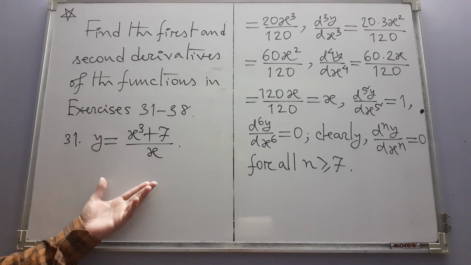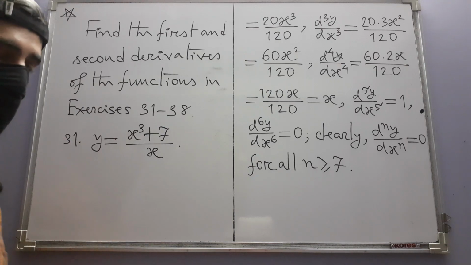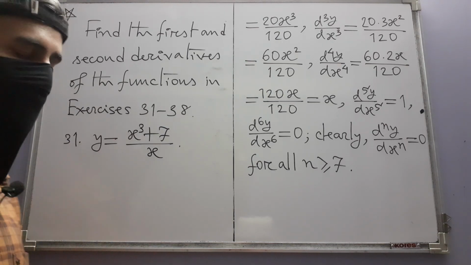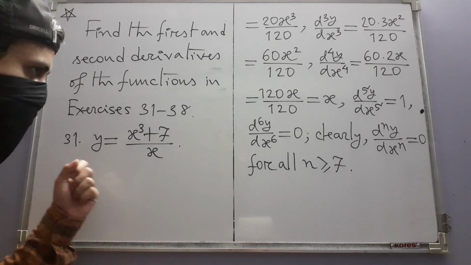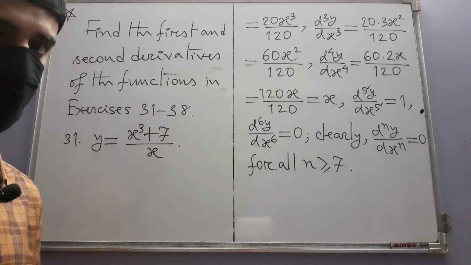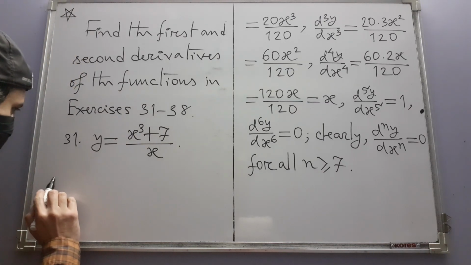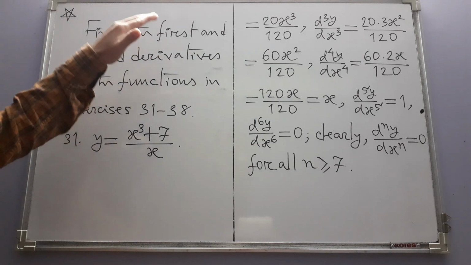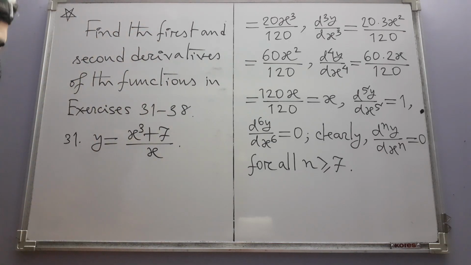Now this is a function which we can simplify, in the sense that we can take it to a form which will be easier for us to differentiate. And also keep in mind we have to find the first derivative and second derivative.